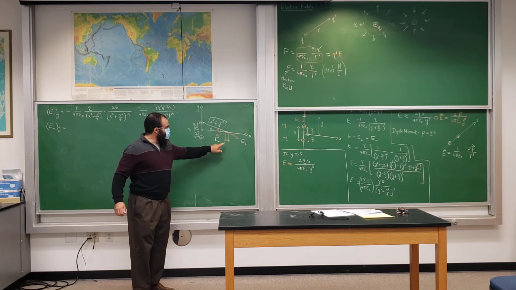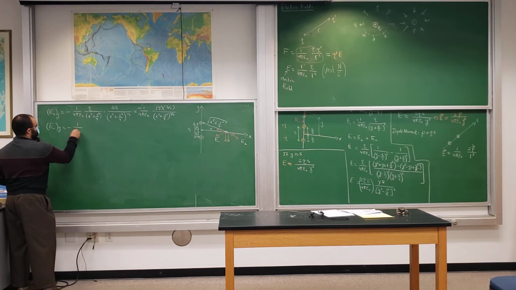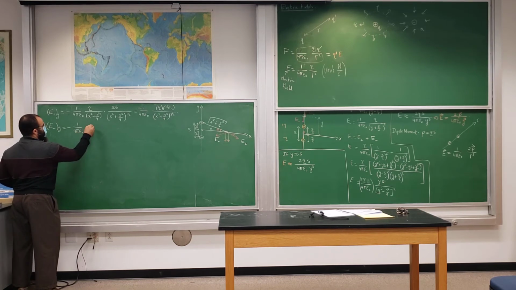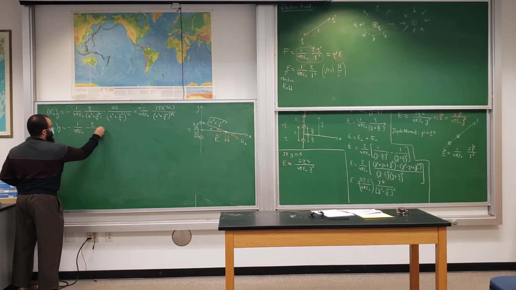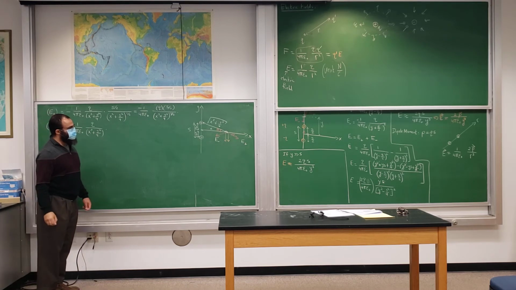So minus 1/4 pi epsilon naught, q divided by exactly the same distance, x squared plus s squared over 4, times the sine of the angle.